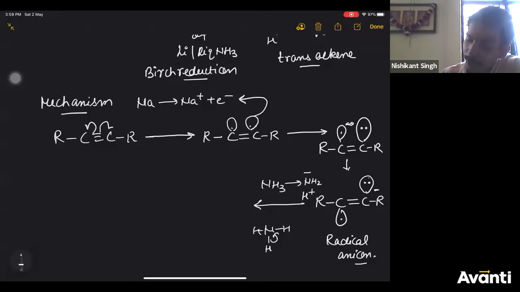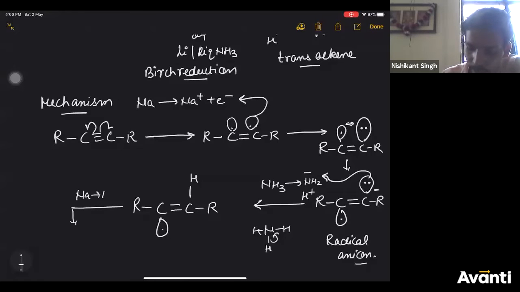This H+ will be taken by the C-, so that you get a double bond, R, and H here, and there is a radical here. Repeat the same process again. Sodium will first give an electron, which will be taken by this, and it will get a negative charge.